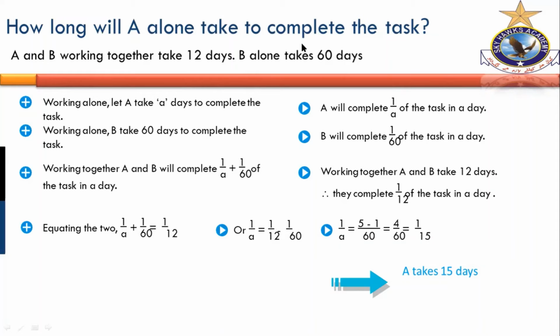Similarly, if there is a problem, another way, just to explain, this is not part of the solution, it is supplementary to that solution. Let me explain one thing over here. Suppose there are two things: one is the men, and the second is the time, that is the days.